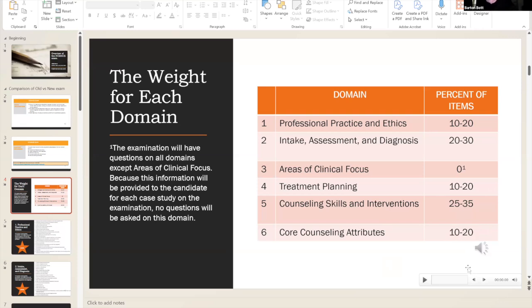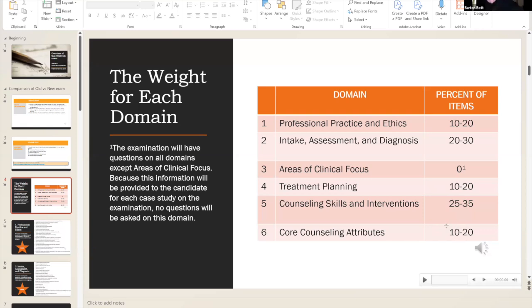What we have actually seen based on feedback from all the people who have taken the exam, it's been over 2 years now that they've been using this format, they go right down the middle, meaning there are 15 questions associated with domain 1, 25 with domain 2, 15 with domain 4, 30 questions in regard to domain 5, counseling skills and interventions, and then another 15 with core counseling attributes.